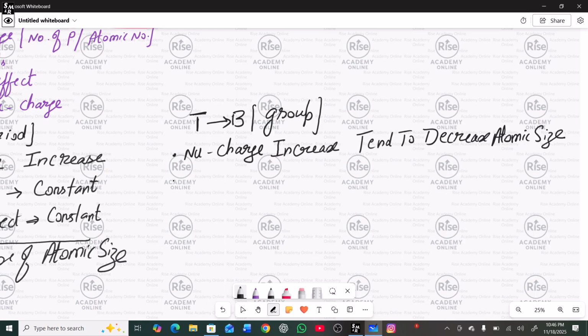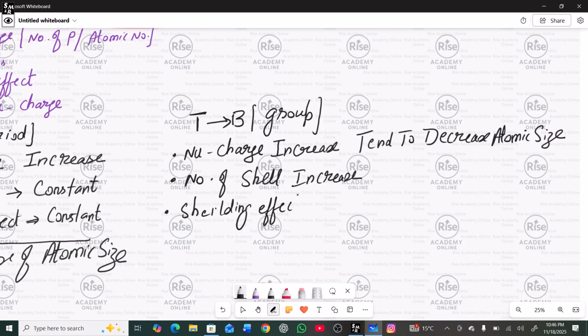After that, the number of shells also increases, and the shielding effect, also named as screening effect, also increases.